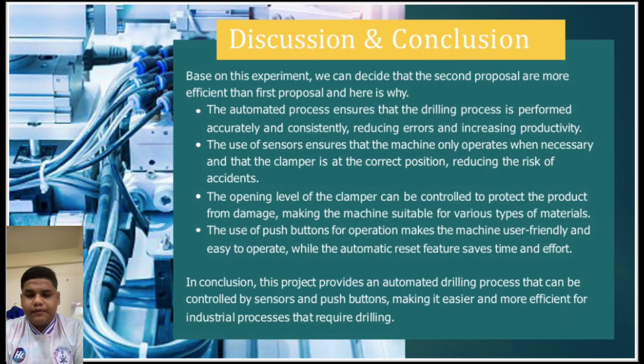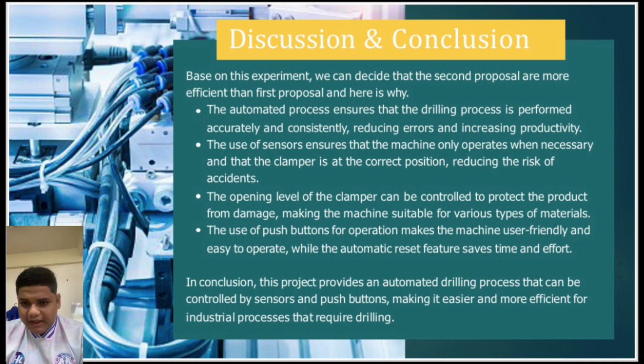For conclusion, based on this experiment, we can decide that the second proposal is more efficient than the first proposal, and here is why. The automated process ensures that the drilling process is performed accurately and consistently, reducing error and increasing productivity.